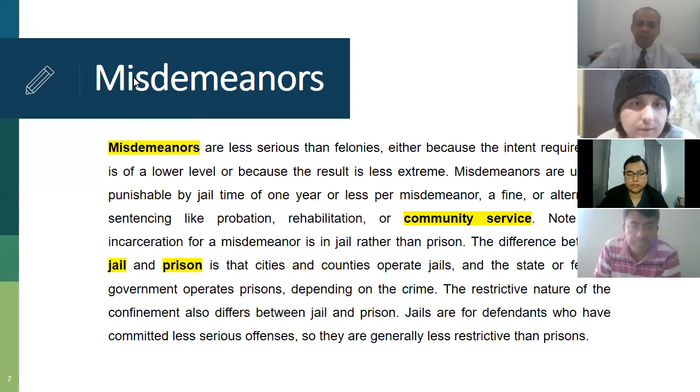Misdemeanors are less serious than felonies, either because the intent requirement is of a lower level or because the result is less extreme.